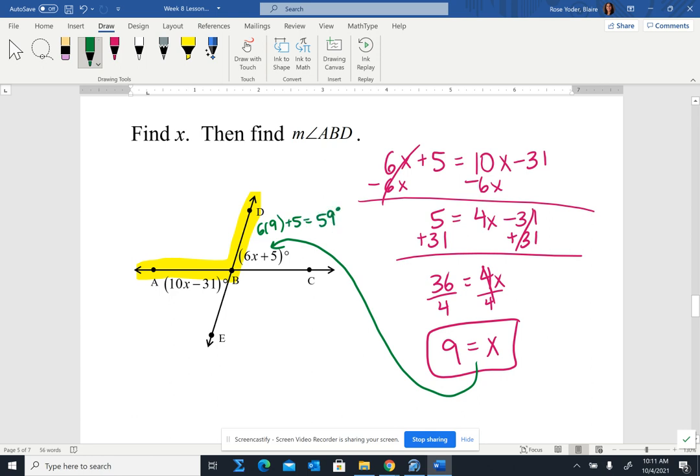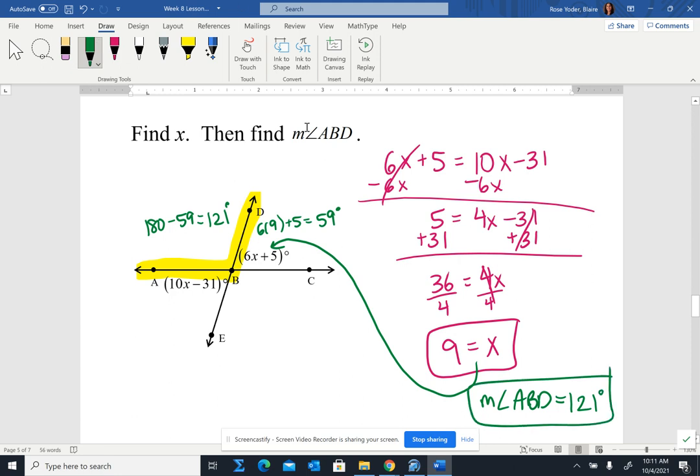And then in order to find angle ABD, I have to do 180 minus 59, which is 121. So the measure of angle ABD is 121 degrees. But I used the equation that I did because the two, DBC and ABE, were vertical angles.